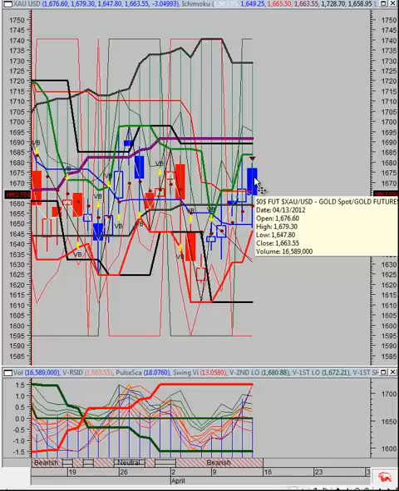If that 1611 is violated, that will indicate another pulse wave, and this one will be to the downside, and will have a lot of strength built into it. So that's what you're going to want to look out for on Monday, is a possible pulse wave scenario playing out in gold. And if the gold breaks down, then it's more than likely going to take silver with it.